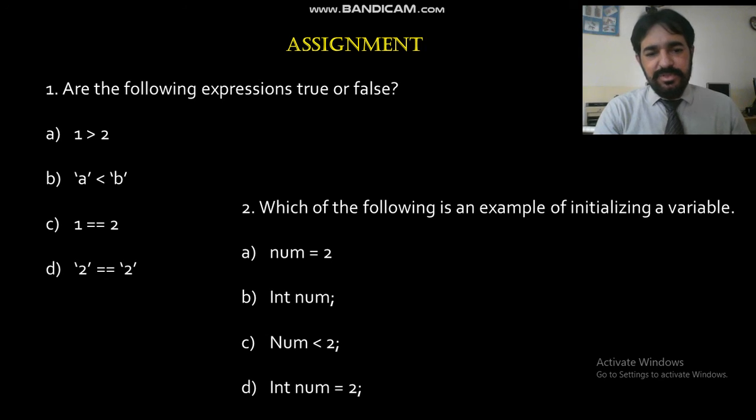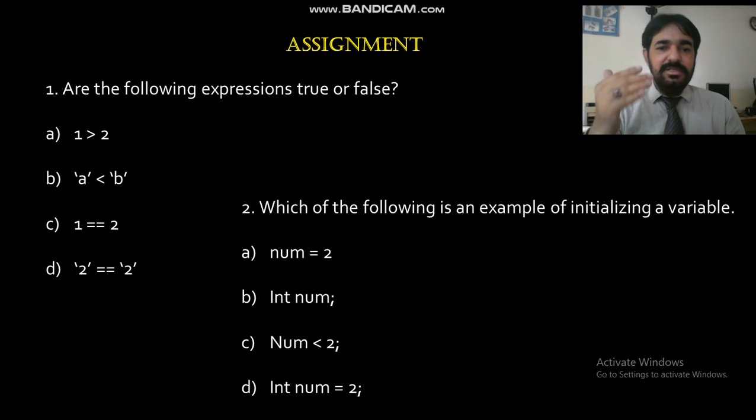Then question number 2: which of the following is an example of initializing a variable? num equals 2, integer num, num less than 2, or integer num equals 2. You have to tell which expression is correct as an example of initializing a variable. So students, Boolean algebra is the same topic which we studied in our previous classes.